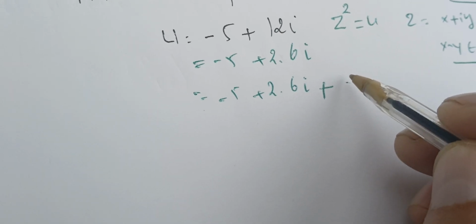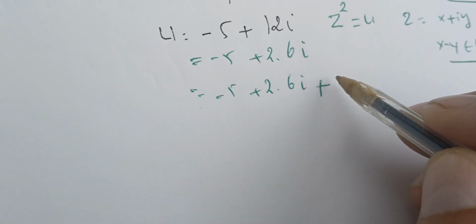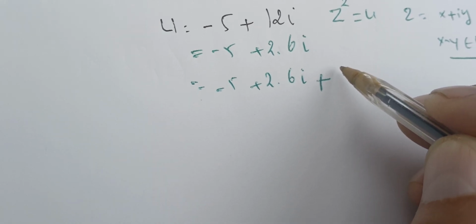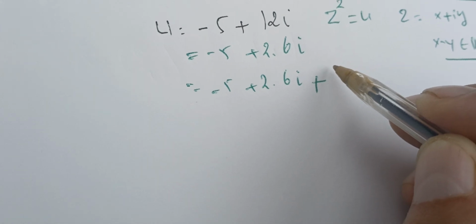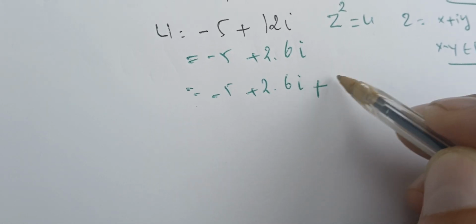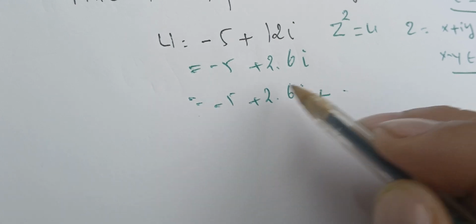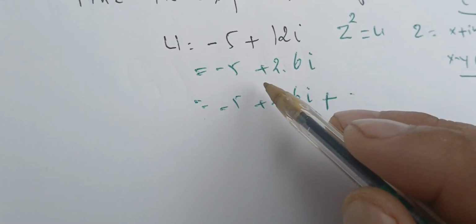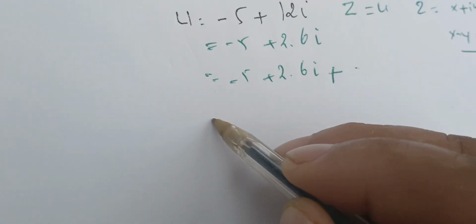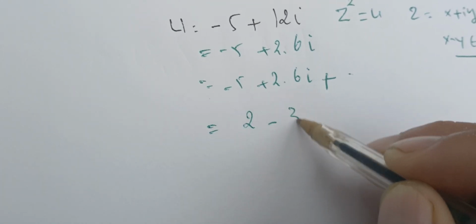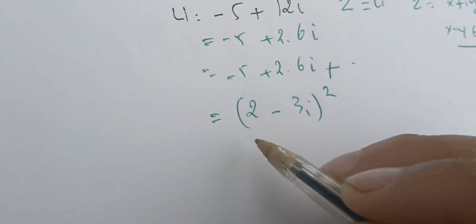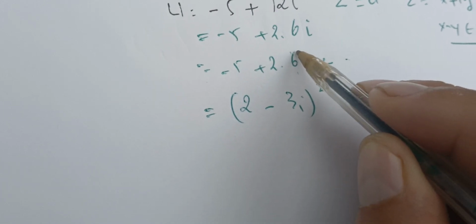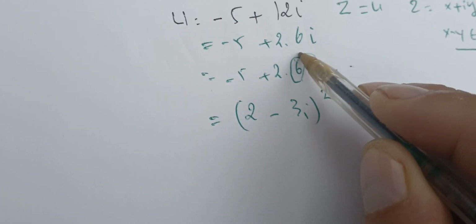So if we can write some 3i here, and 2 here, we can get minus 9 plus 4. That means we think of something like 2 minus 3i squared. And to get that, we have the 2 and 3 here.